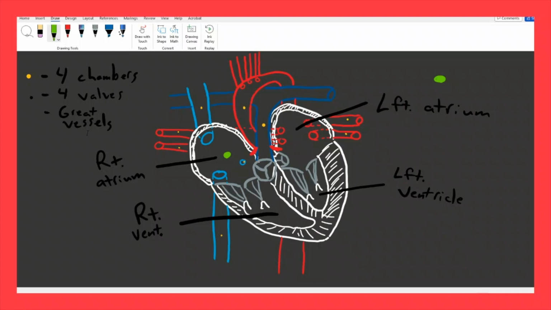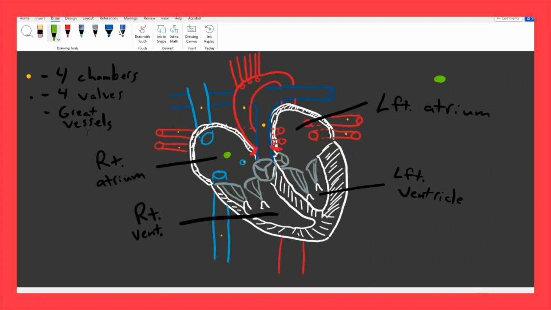So when you hear a heart sound, instead of thinking lub-dub like people do, remember what I encourage you to do is to think down, out, down, out, down, out. The two atria contract, forcing blood down into the ventricles. Then the ventricles contract, forcing the blood out of the heart.